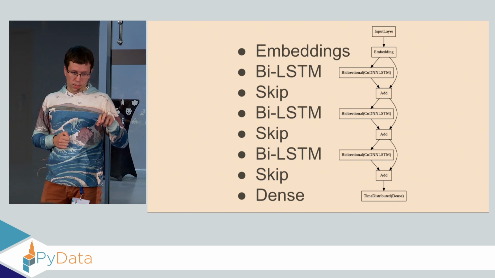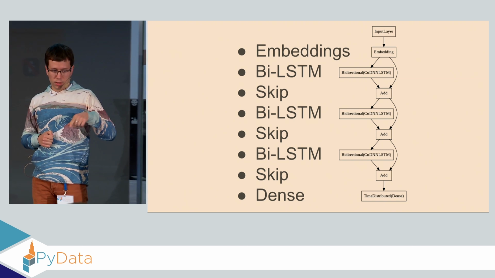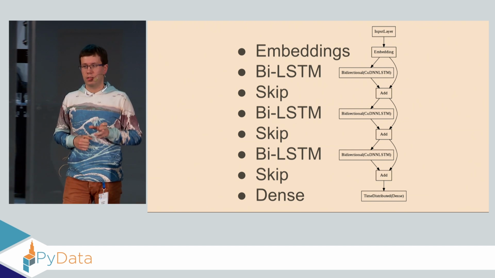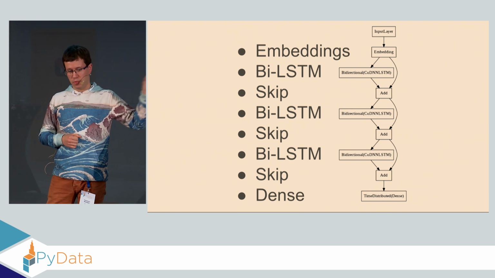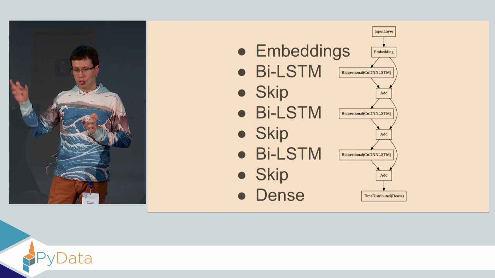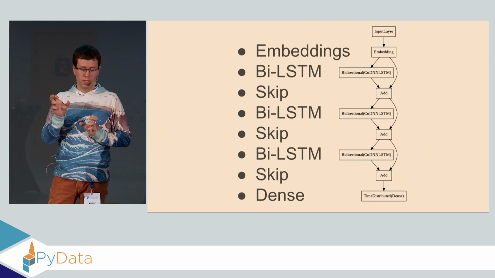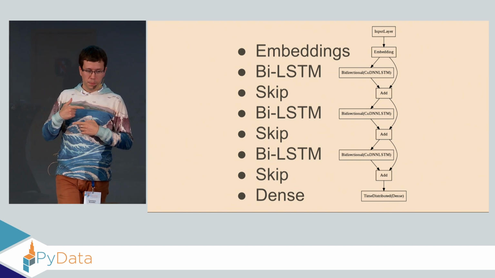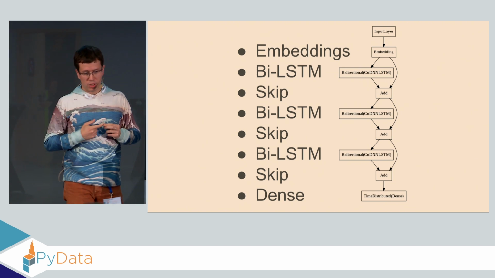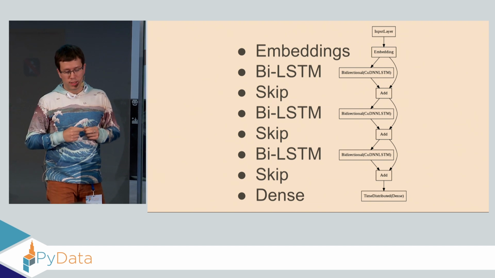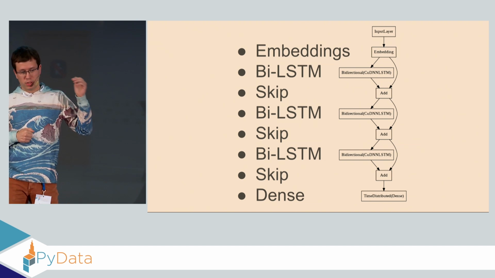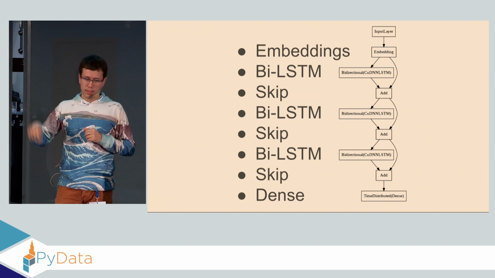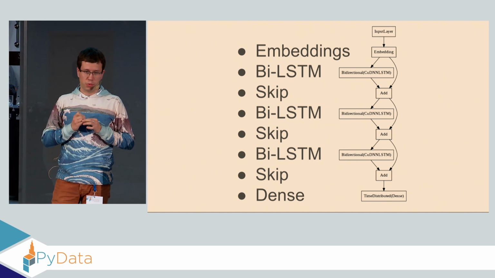In this case, we used bidirectional LSTM layers. This is the kind of layer that looks at the history, so the previous words, but it also looks at the future words. So it goes in both directions at the same time. Skip connections: some kind of information flows into the LSTM, something goes out, and then we sum the input with the output.